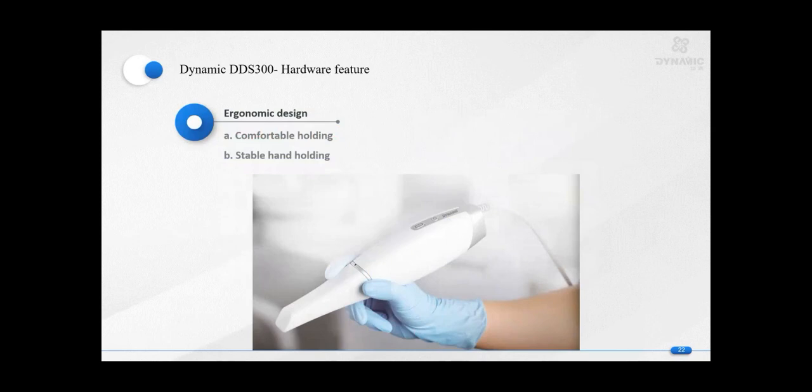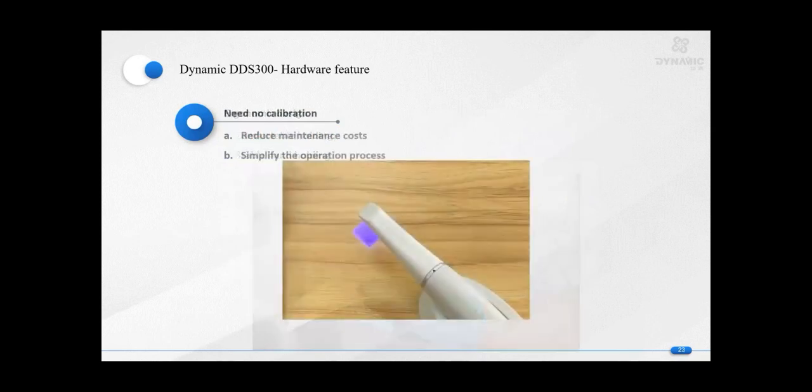Okay, let's continue. The second hardware advantage is no need for calibration. At present, more than 90% of the intraoral scanners on the market require regular calibration, such as color calibration and 3D calibration.